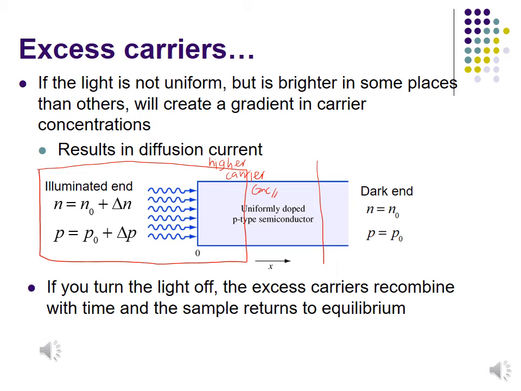At the dark end, or if the light is turned off, the excess carriers will recombine and the material will return to the equilibrium state, in which the carrier concentrations do not involve delta N and delta P. Here, N is equal to N naught and P is equal to P naught.